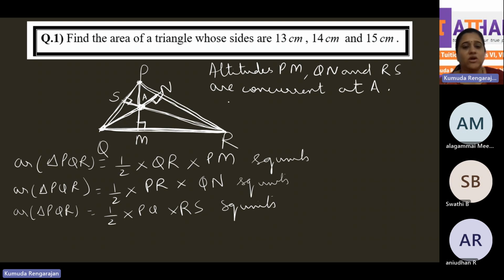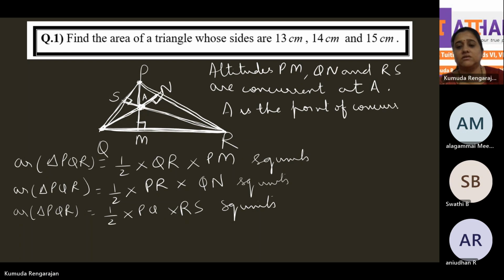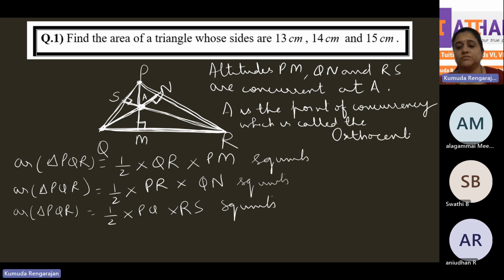A is the point of concurrency, which is called the orthocenter. Remember this term, orthocenter.